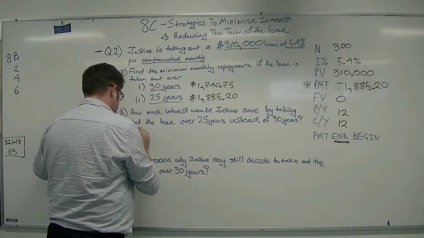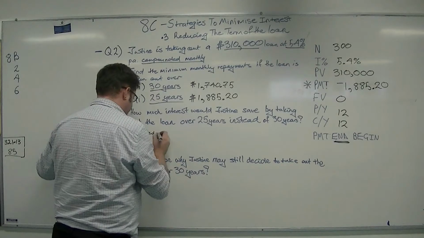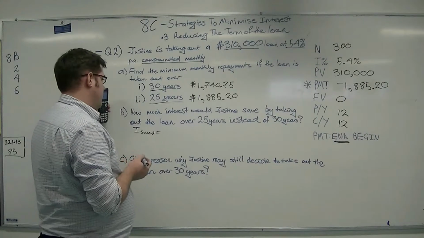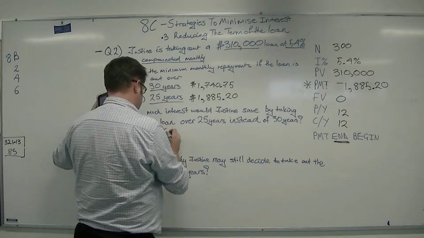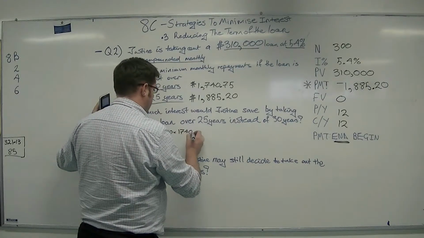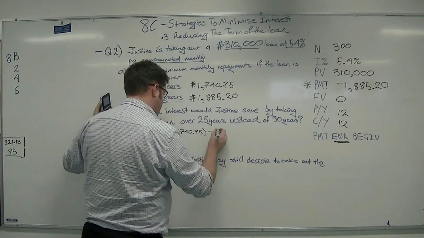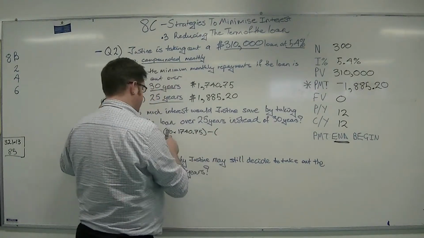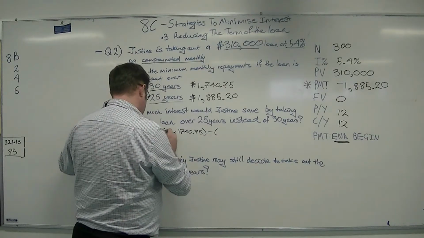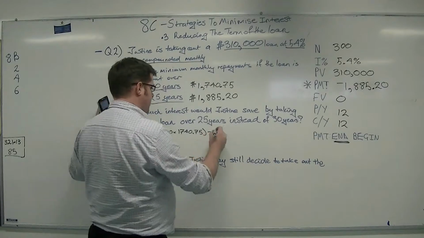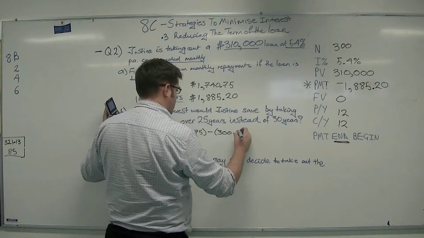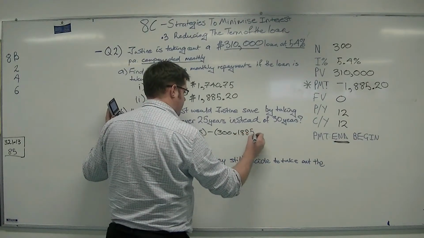So, remember, interest saved is equal to taking out the loan over 30 years, so it would be 360 times by $1,740.75 minus 300 times by 1885.20.